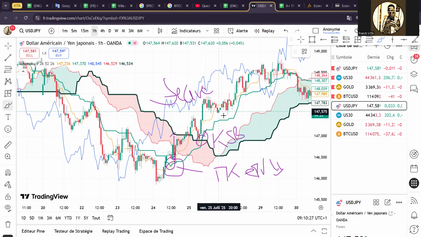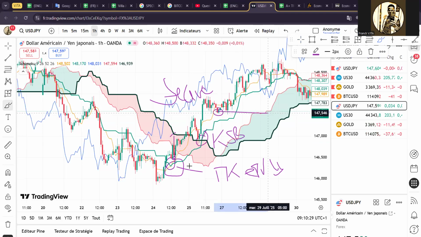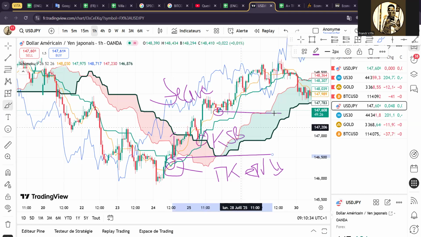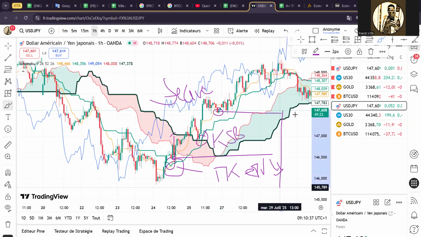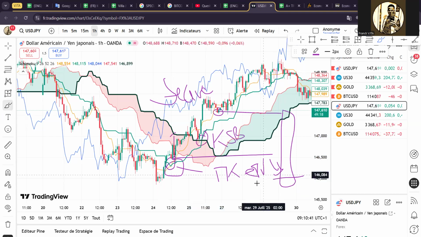But its entry will be a little bit above here, which will be the first entry of KSB, a little bit far above. It means that if you have a trend that goes 100% like this, the TK entry can give you the first 5% of the move.